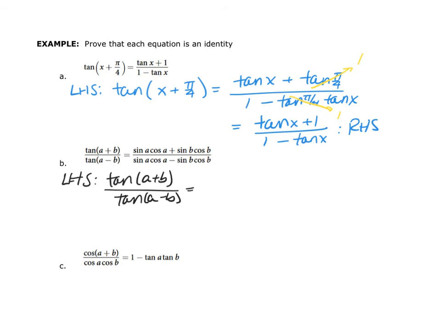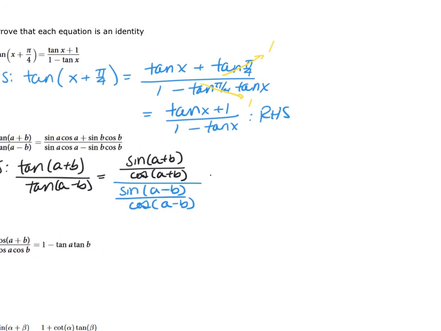Numerator: this is the same thing as the sine of a plus b over the cosine of a plus b. Denominator: this is the same thing as the sine of a minus b over the cosine of a minus b. So let's go ahead and expand out the numerator.